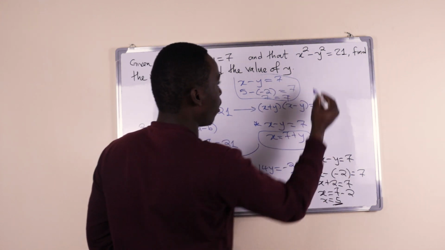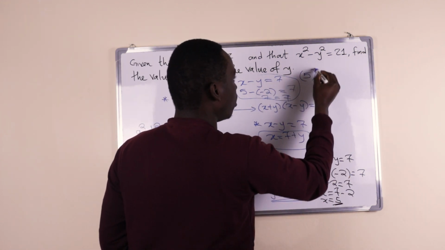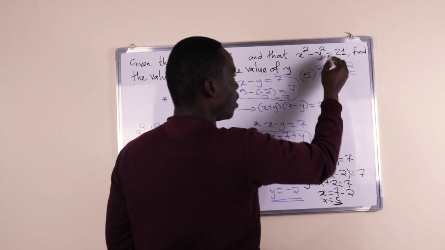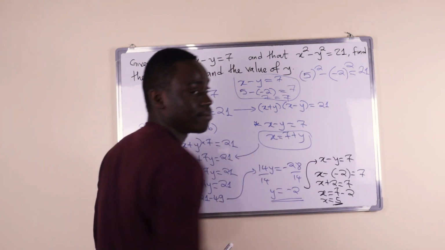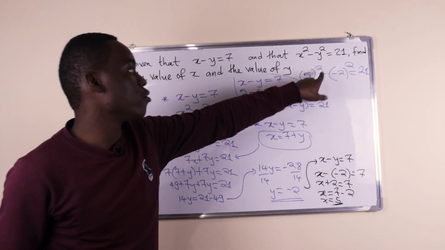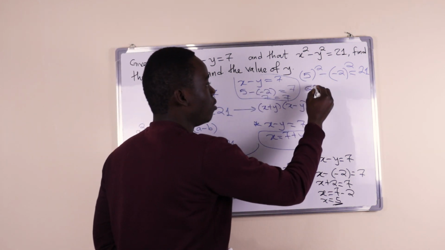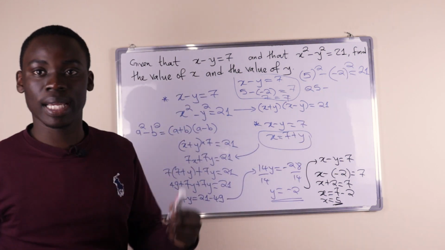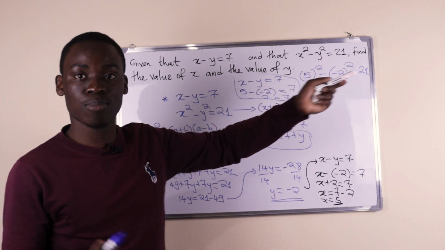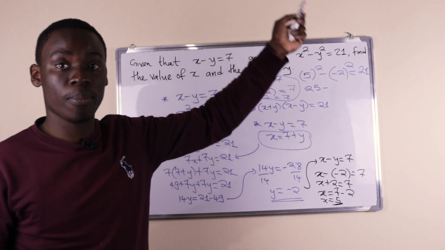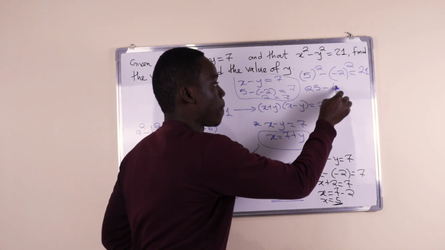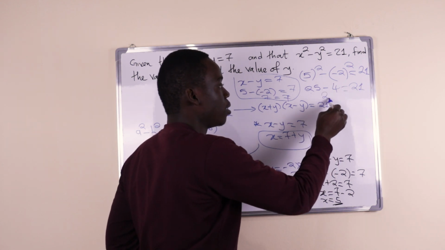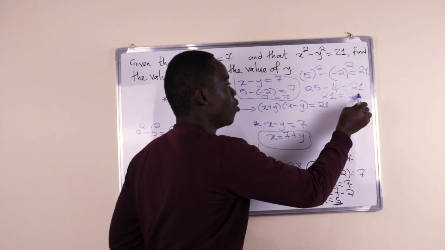Our x is 5, so I've got 5 squared minus negative 2 squared. This should give us 21. 5 squared is 25, minus negative 2 squared. A negative squared is positive, so 2 to the power 2 is 4. And 25 minus 4 is what? 21, which is equal to 21.